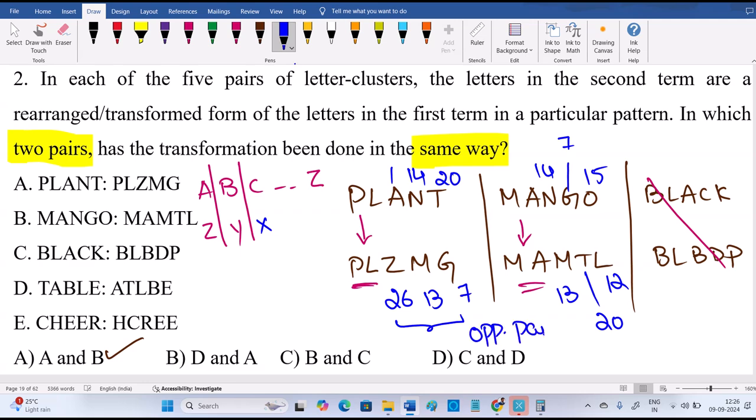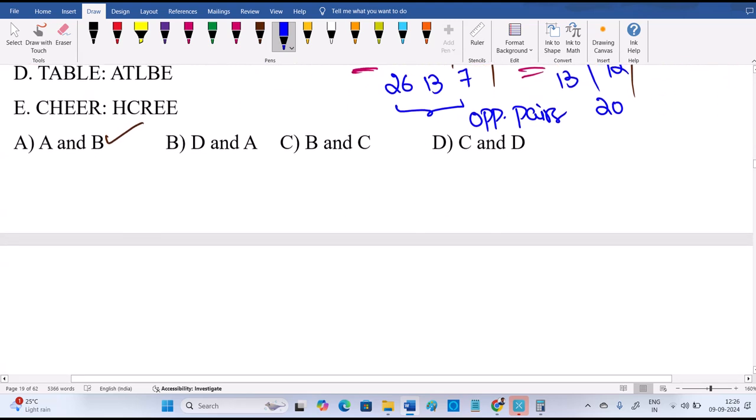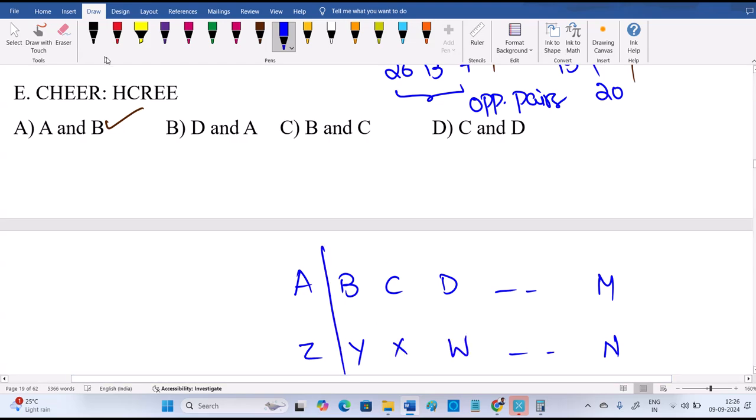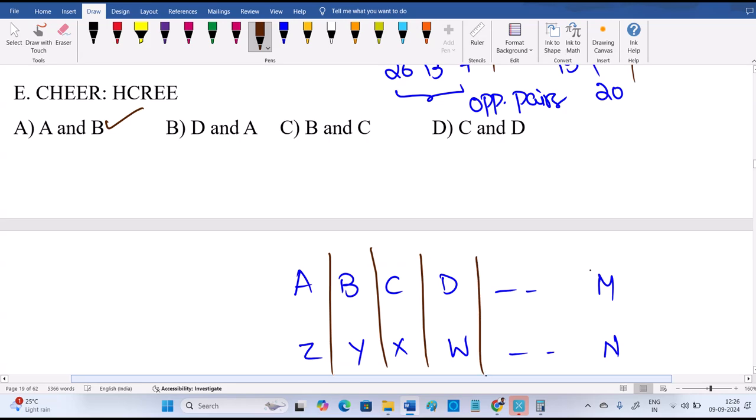If anyone doesn't know about opposite pairs, an easy way to learn is to write A to M only, then from N onwards you write in reverse. This is called opposite pairs actually. AZ, ZA, BY, YB, CX, DW, MN, NM.